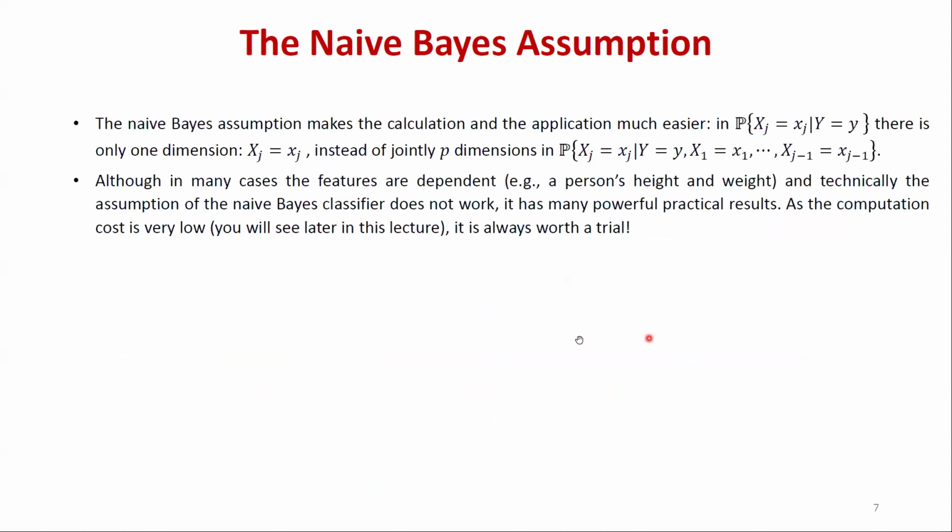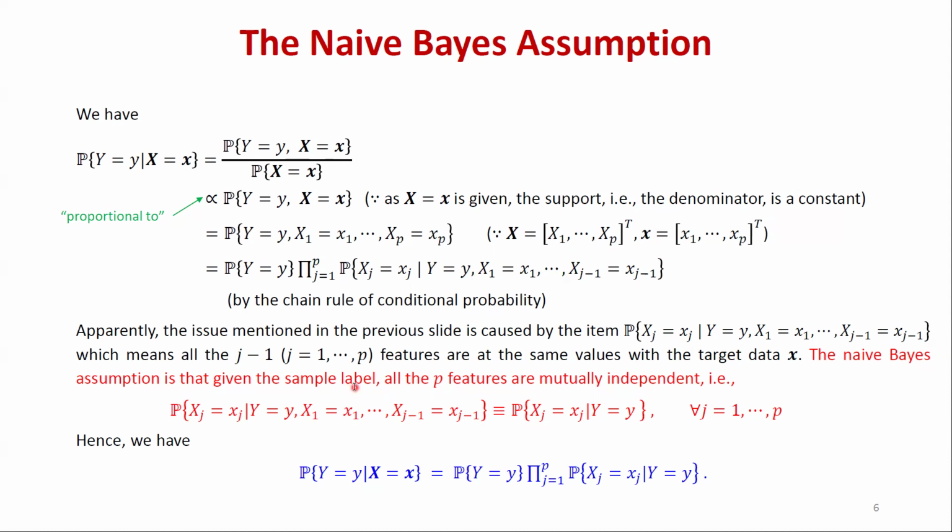Think about height and weight: they're dependent. On average, if a person is taller, the person is usually heavier as well, and vice versa. So it's not completely independent, and hence this is pretty naive. So we call it the naive Bayes assumption.